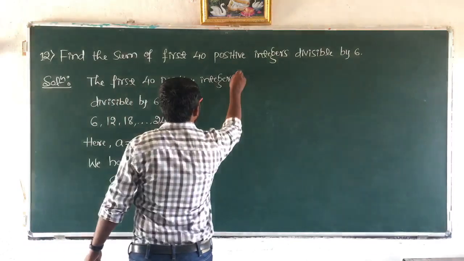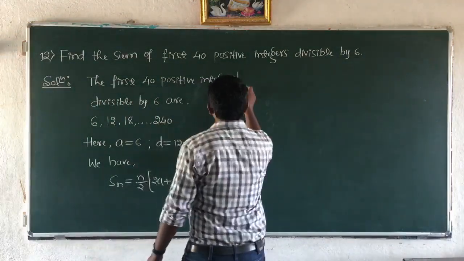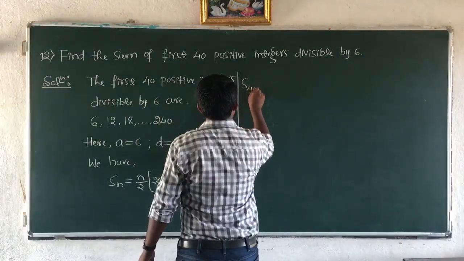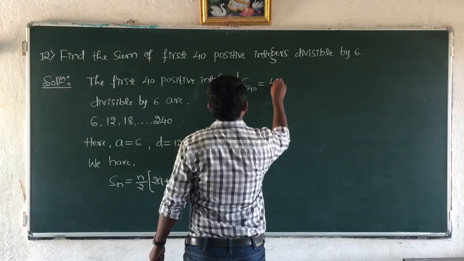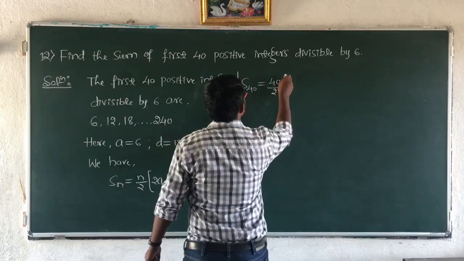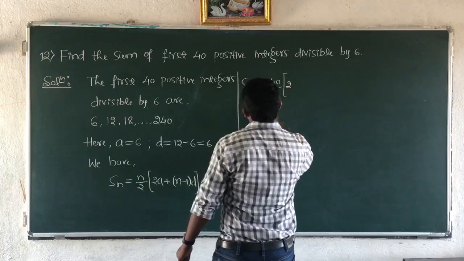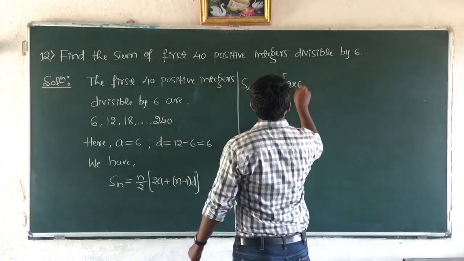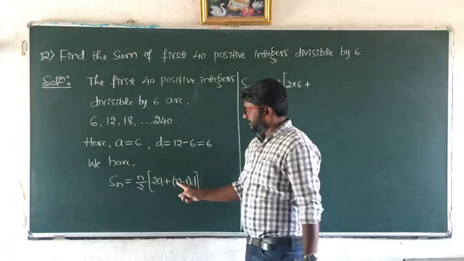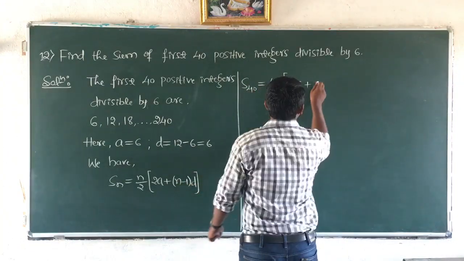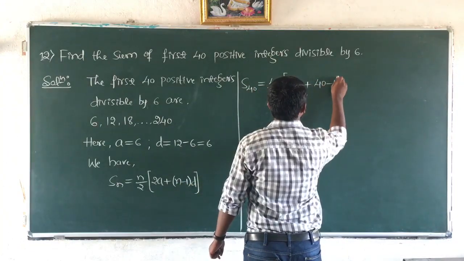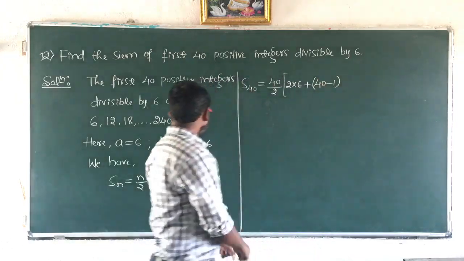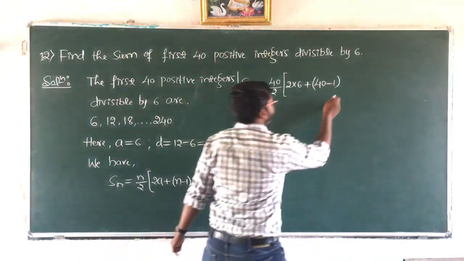So here S40 is equal to 40 divided by 2 into the bracket 2a. What is a here? It is 6. So 2 into 6 plus n minus 1, that is 40 minus 1, into d. What is the value of d here? It is 6.